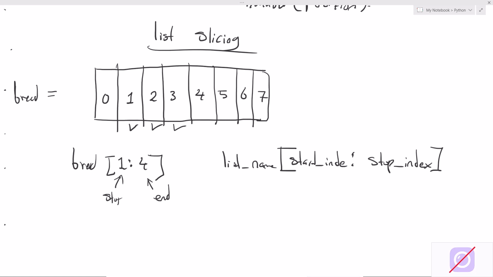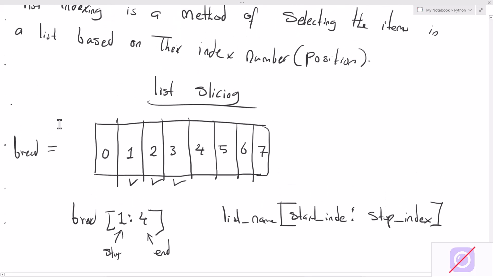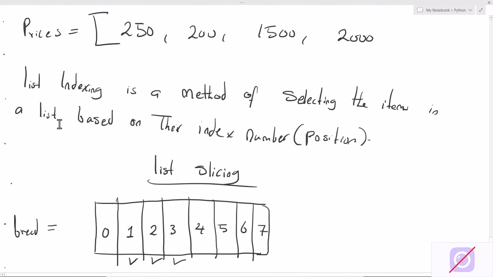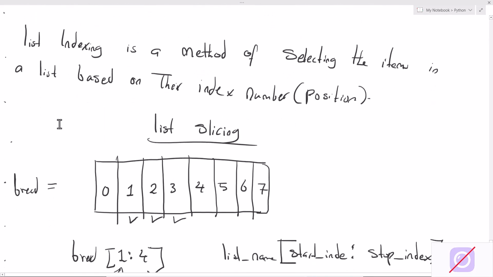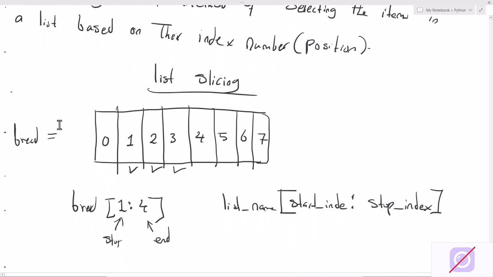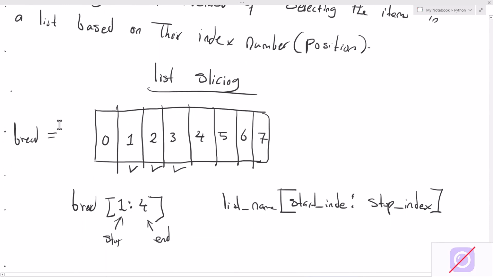Hold on, somebody is still copying this. Yes, it does not return the stop index. Because we are working, like I said earlier, with an array, and an array is what? A range, exactly. So the end is not part of the range.